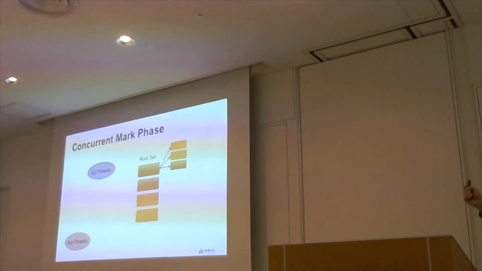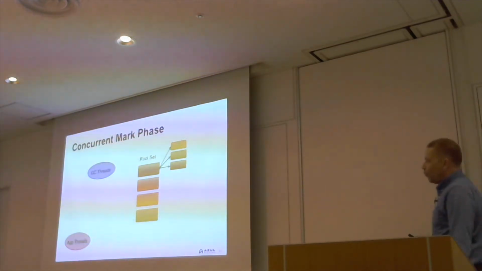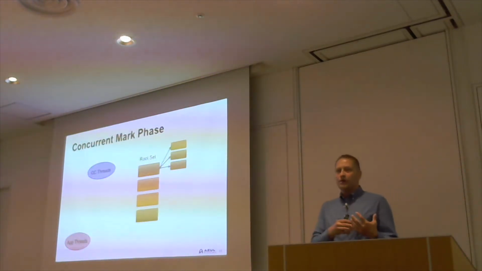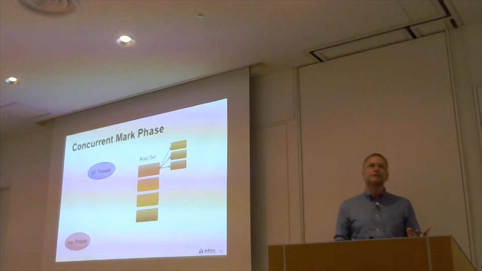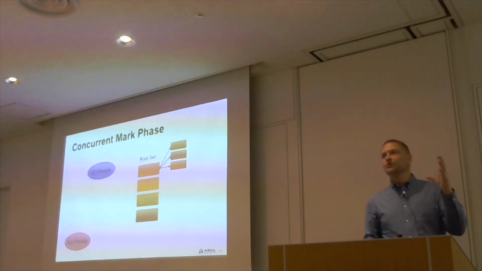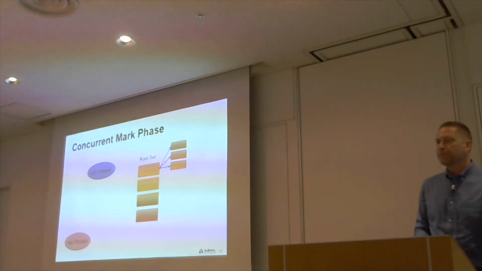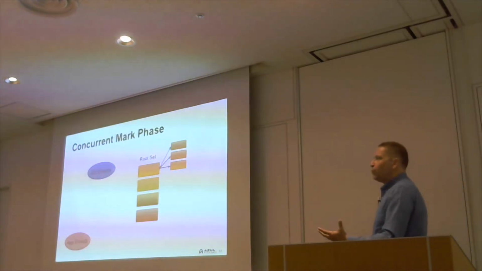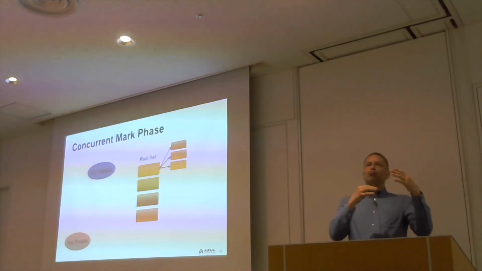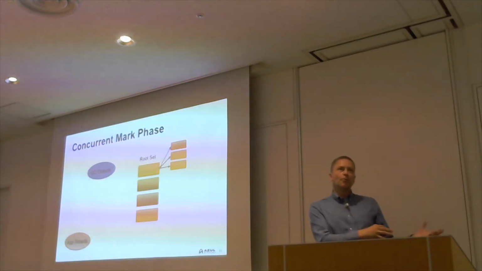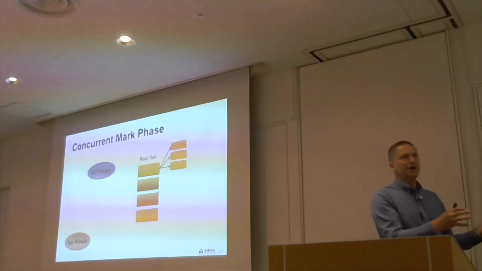So we look at a diagram of how that works. What happens is that the virtual machine runs, and at some point the garbage collector decides that it needs to start doing some work. What happens at that point is the garbage collector creates a root set. And this is common to a lot of other garbage collection algorithms.